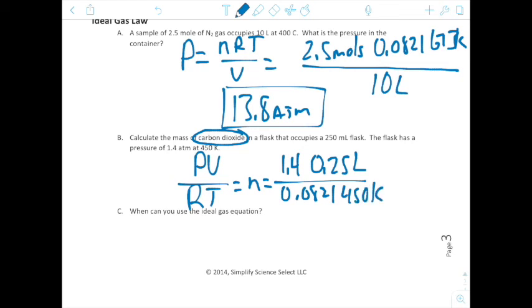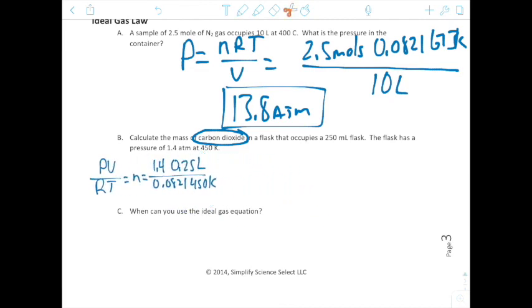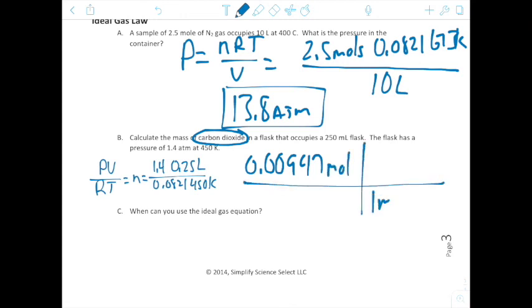And what we get is a mole value, which is very small in this case, of 0.00947 moles. And then we know that 1 mole of CO2 has a mass of 44 grams. And so we multiply it out and we will get a mass of 0.417 grams.